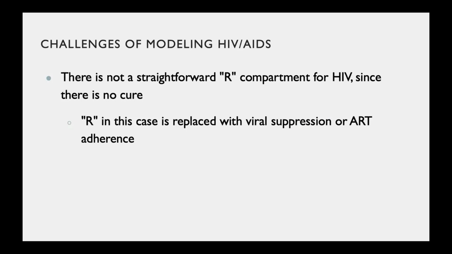Or more specifically, maybe people might use another goal like ART adherence, or at least access to healthcare or something else. But the point being is that these are some type of modifications that you have to think about when you're modeling HIV.